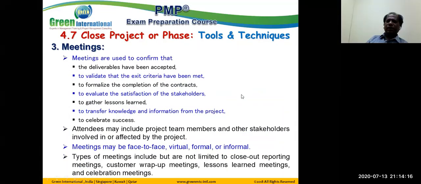Meetings, generally, what meetings are we conducting? We are discussing that the deliverables have been accepted, validating that the exit criteria have been achieved, formalizing the completion of contracts, evaluating the satisfaction of the stakeholders, gathering the lessons learned, transferring the knowledge and information from the project, celebrating the success. All are being done through the meetings.